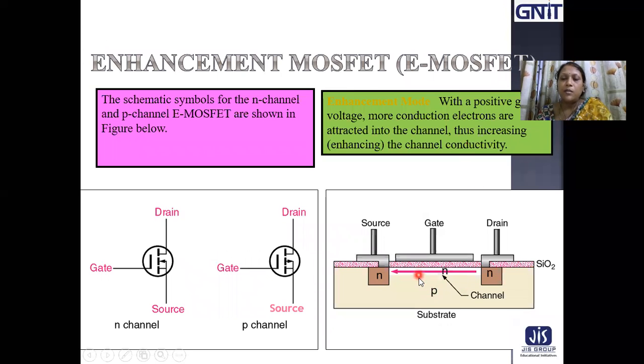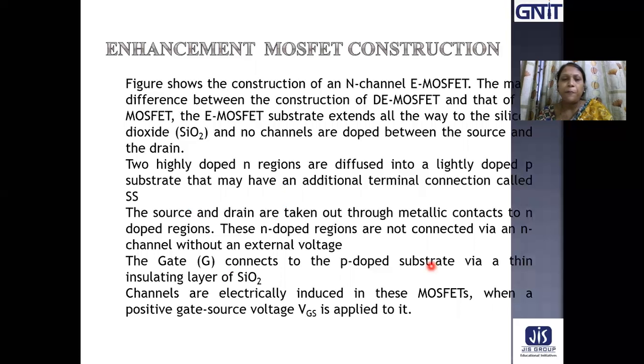That is, the substrate is extended to the silicon dioxide end. No channel is there. But for the depletion type MOSFET, the semiconductor material is not extended up to the SiO2 layer, because prior to that one channel is existing between SiO2 and the bulk silicon.